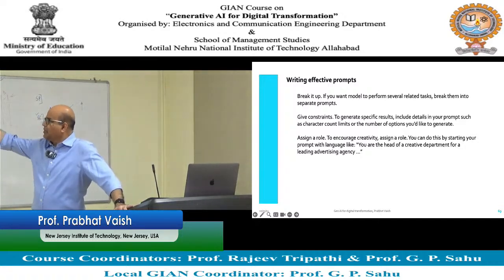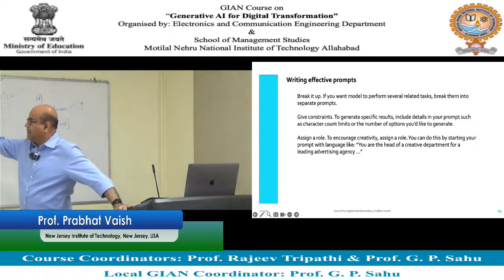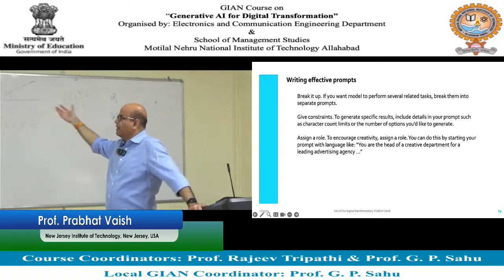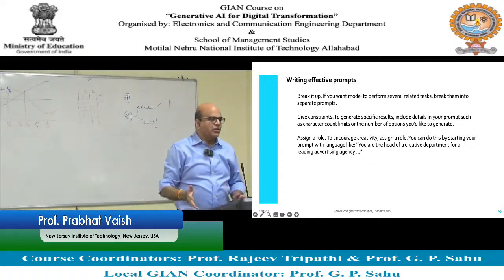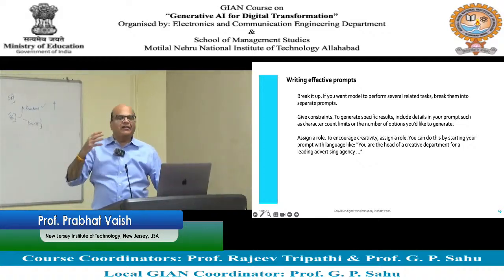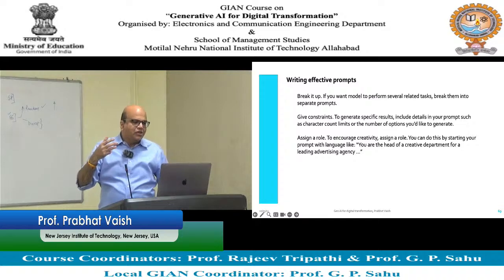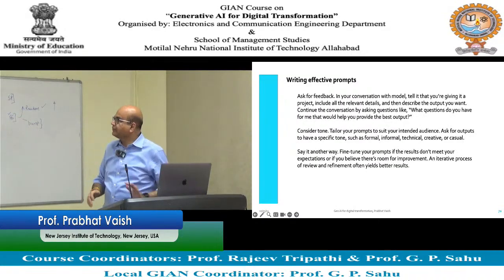Assign a role, which is really what we are saying is that a persona can also have some kind of a role. You are a head of a creative department for a leading advertising agency. As much detail as you can provide in terms of the role, the model would kind of tune their response accordingly.